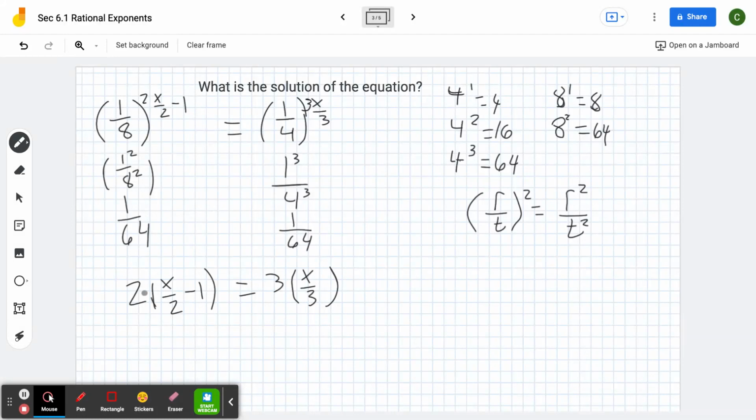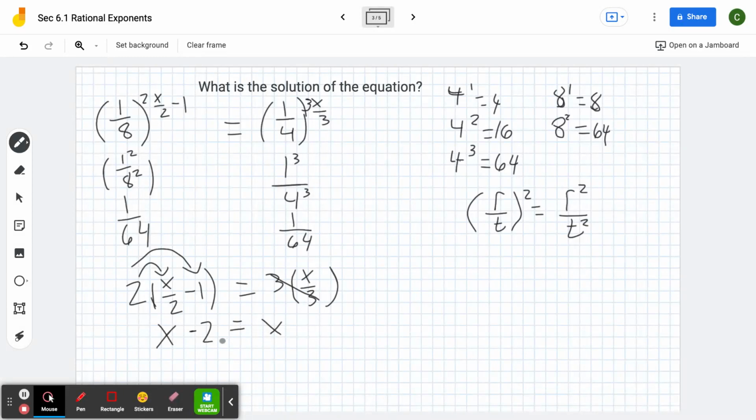Okay, and so I'm going to go ahead and distribute the 2 through each term here. So I have 2 times x over 2. The 2 over 2 divides out, so I'm left with x. And then 2 times -1 is -2. And 3 over 3 will divide out. I'm left with x over here, or 1x over here.